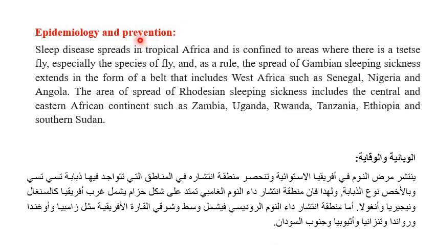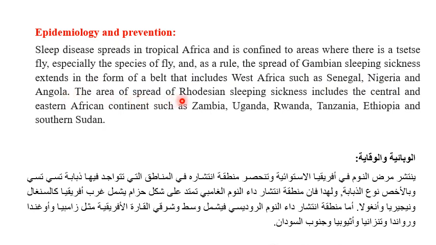Epidemiology and prevention. The African sleeping sickness disease spreads in tropical Africa, and it is confined to areas where there is the tsetse fly, especially the Glossina species. As a rule, the spread of Gambian sleeping sickness extends in the form of a belt, على شكل حزام, that includes West Africa such as Senegal, Nigeria, and Angola.